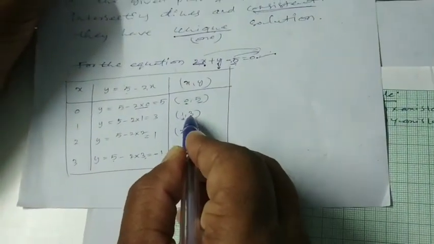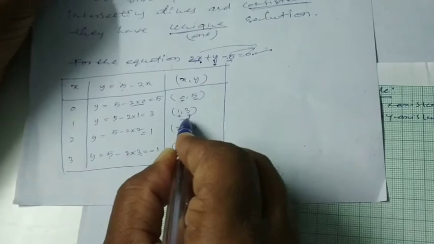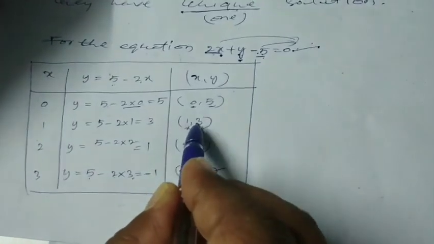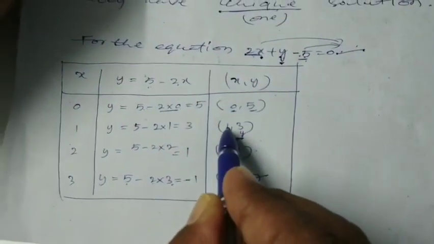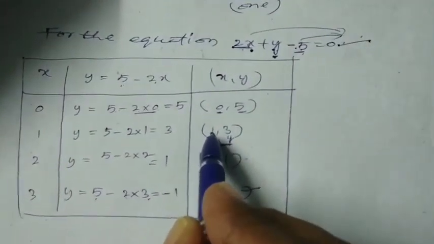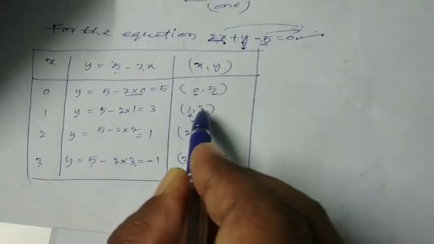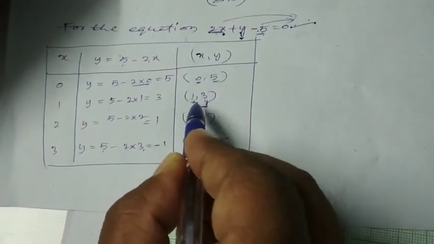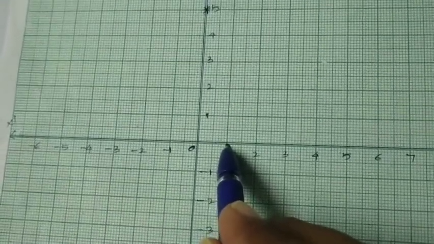Next 1 comma 3. 1 we should take on the x-axis, and this value on the y-axis. 1 comma 3: the first value is the x coordinate, the second value the y coordinate. The x coordinate value we take on the x-axis, the y coordinate value on the y-axis. On the x-axis where is 1? Here. On the y-axis where is 3?